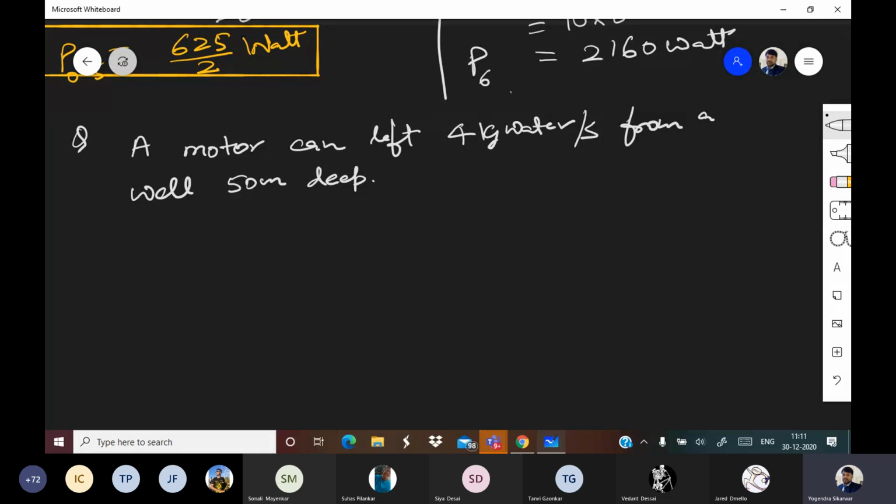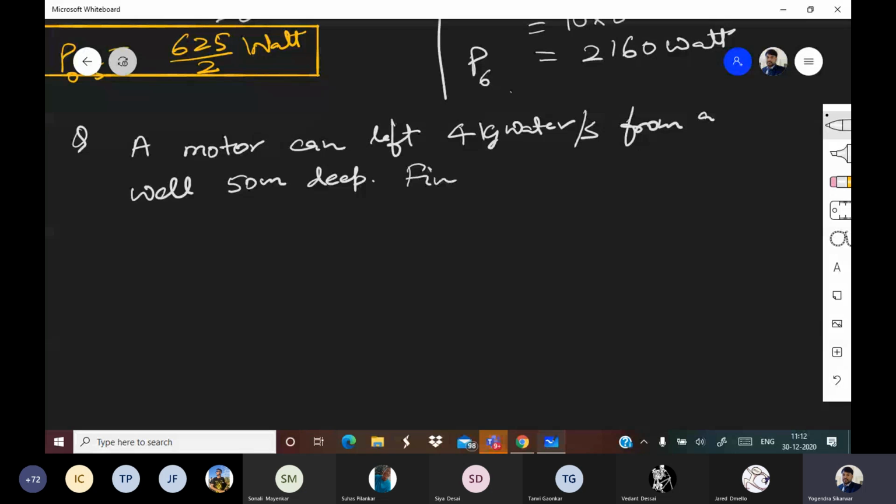Deepika is saying, sir, can't we substitute the value of t in v is equal to t square and get the answers? You see, if you are getting the answer, then you can do it, and if you are not getting the answer, then you cannot do. Okay, check yourself. So question says a motor can lift 4 kg water per second from a well 50 meter deep.